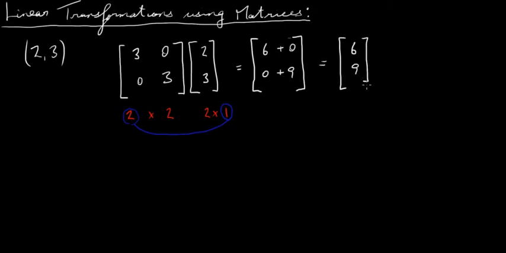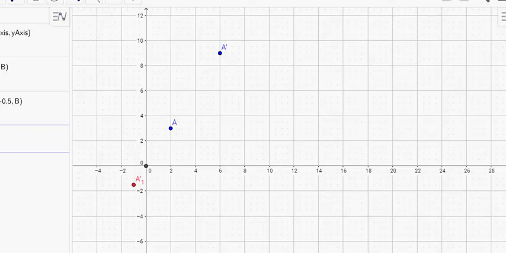Now if we just have a look at that, I think I have that here. I've drawn it here on Geogebra. So if you just have a look here, this is our origin here. This is the point 2, 3, and I've got Geogebra to actually do this for me, and we've ended up here at this point here.